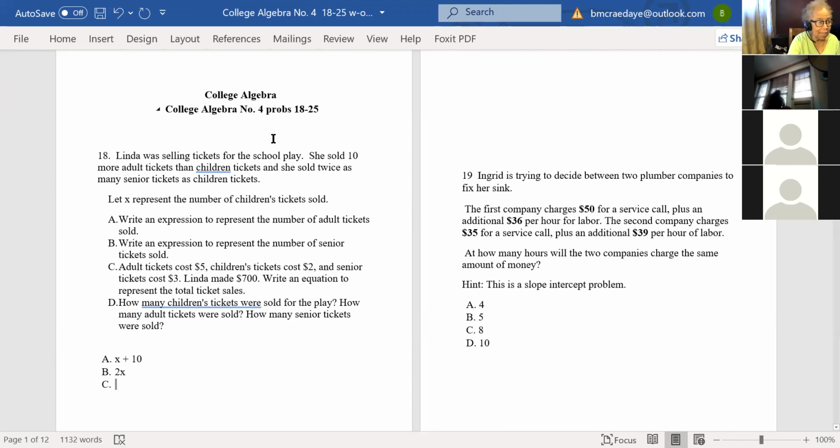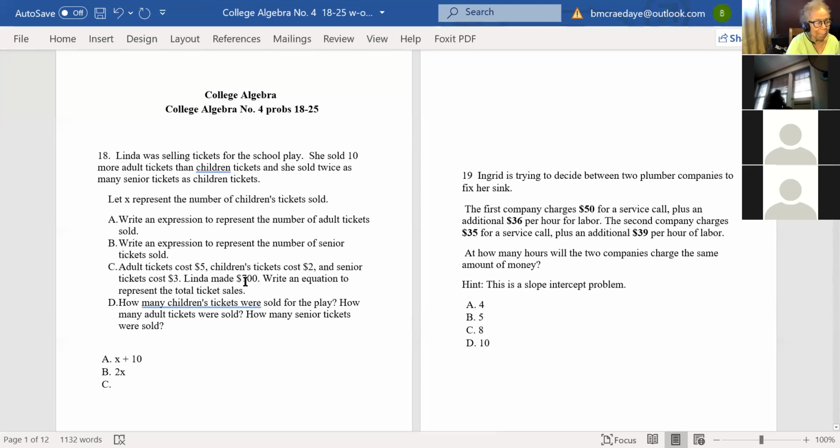Now, C is, now we're writing an equation. Adult tickets cost $5. Children's tickets cost $2. Senior tickets cost $3. Linda made $700 in her ticket sales. Now we want to write an expression that represents her ticket sales. So what would that look like?